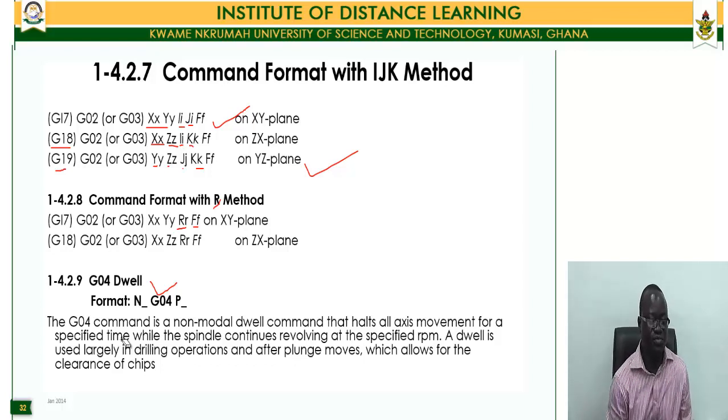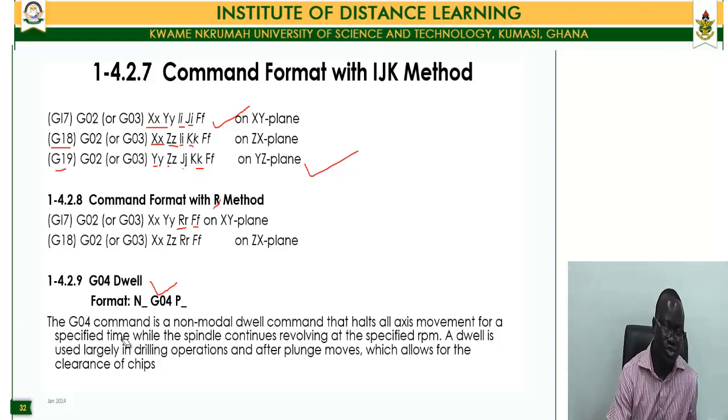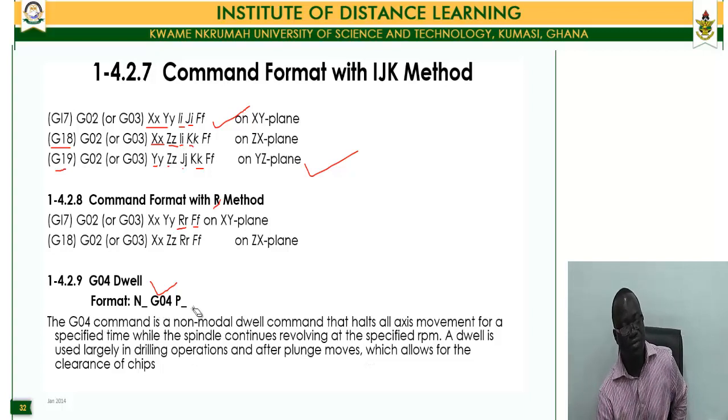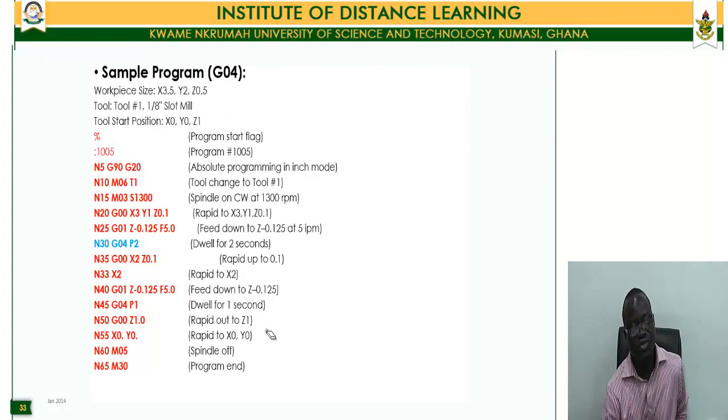So if you write a program and you want to introduce dwell, a pause for some clearance to take place, all you do is use the line command. Let's say this is the dwell command. On this line we put G04 P2. It means you want the tool to dwell for 2 seconds.